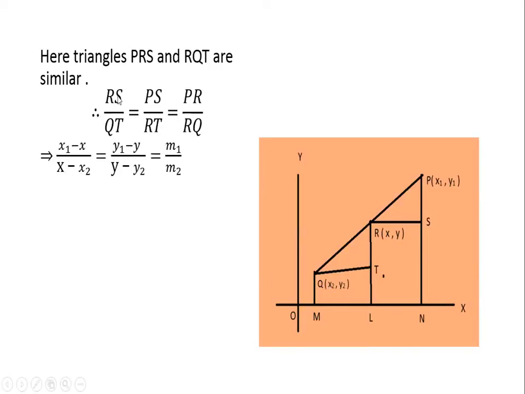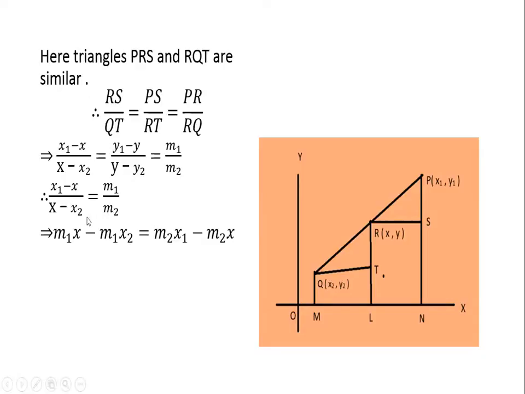Putting the values of RS, QT, PS, RT, PR and RQ, we get (x1 minus x) by (x minus x2) equal to (y1 minus y) by (y minus y2) equal to m1 by m2. Taking the first and third terms, we can write (x1 minus x) by (x minus x2) equal to m1 by m2.